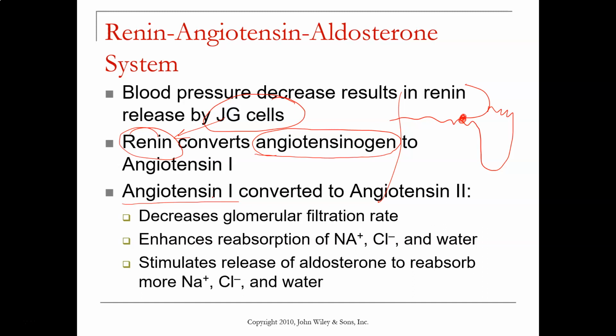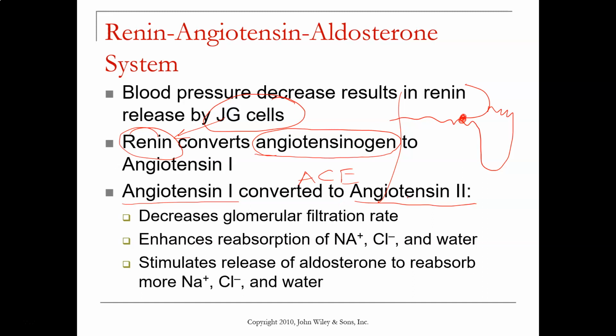Okay, so now you've got angiotensin 1 in your blood, and then when it goes through certain tissues, like your lung tissue, for example, and some others, that contain another enzyme called ACE, angiotensin 1 converting enzyme, this enzyme found in your lungs and some other tissues converts angiotensin 1 to angiotensin 2.